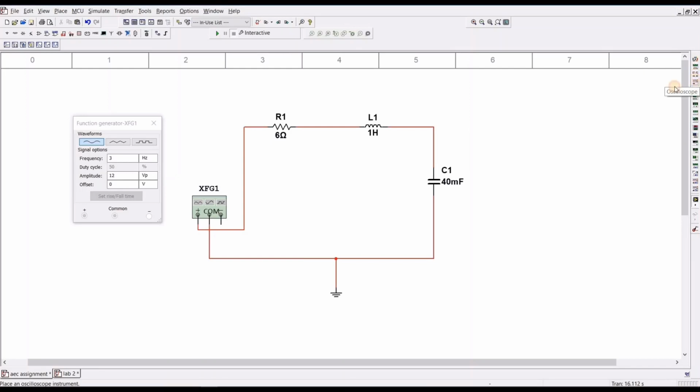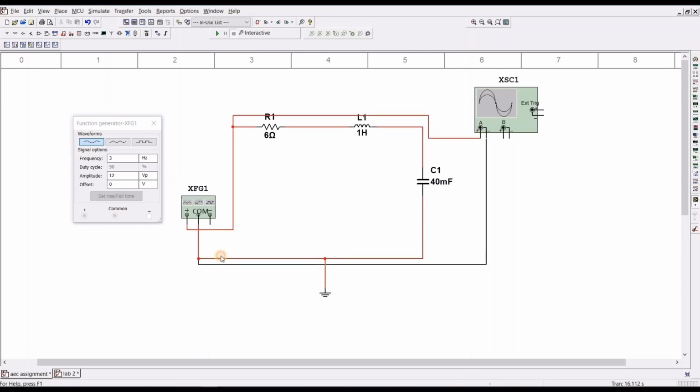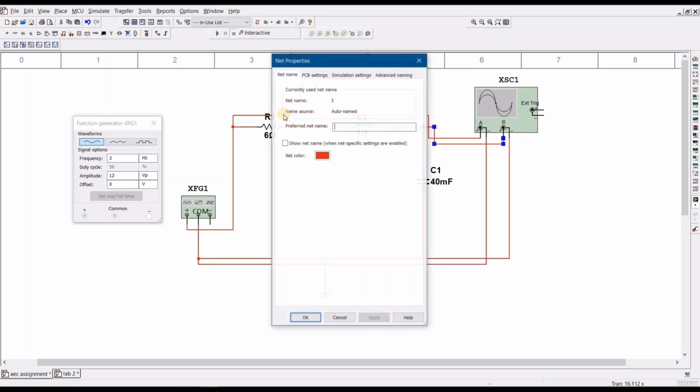To get the waveform, we use the oscilloscope. Put it over here. Let's assume that channel A is for the input and channel B for the output. I assume that our output is in the capacitor, so that's why I attach channel B to the capacitor.